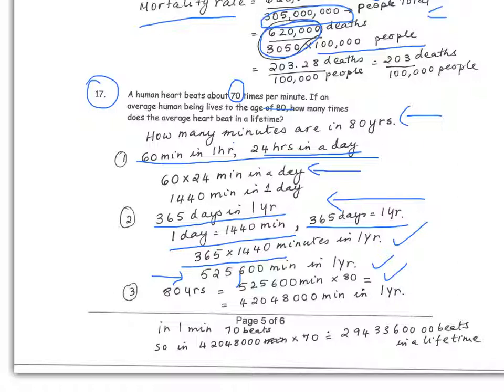And that's the total number of minutes in, I'm sorry, not 1 year, but in 80 years. So in 80 years, this huge number is the total number of minutes. Okay, I'm sorry, the comma should be here.